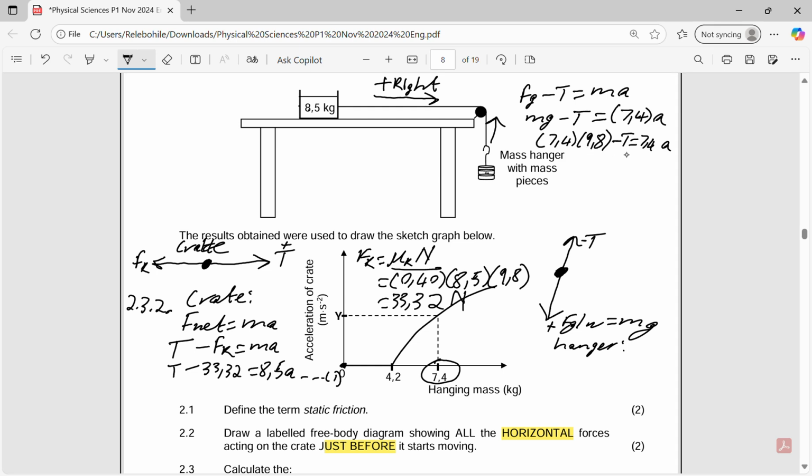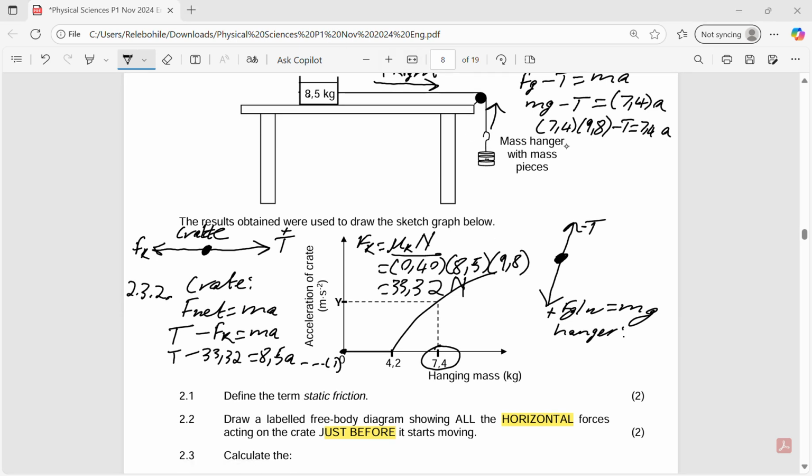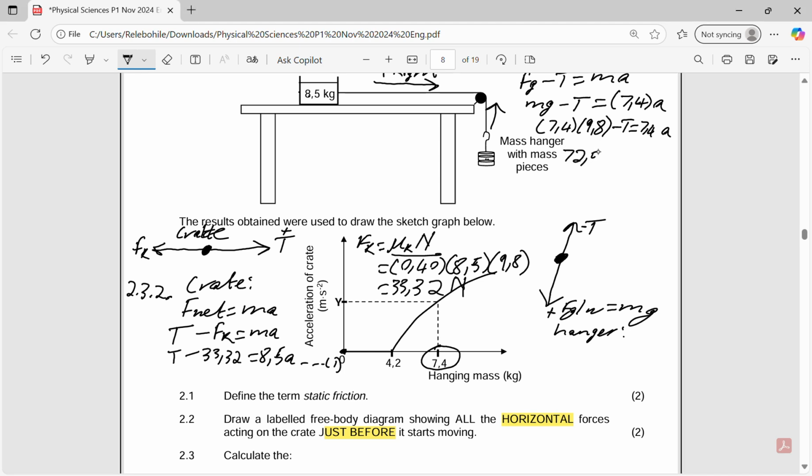The second equation, let me simplify this first. If I say 7.4 times 9.8, the value I get is 72.52 minus T is equal to 7.4A.